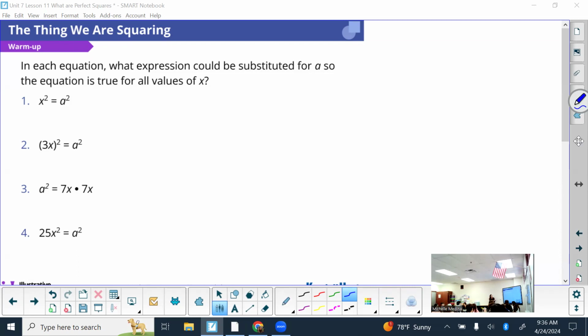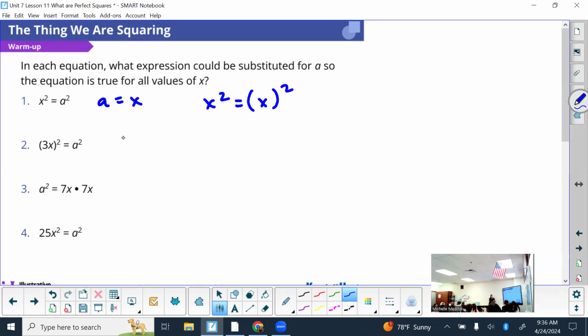So we mentioned that the answer for number 1 is that A has to be X. Because now when I plug it in, that's what substituting means, when you plug in that number, substitute it in, I now get something that is true. X squared is equivalent to X squared. And that's all we're really looking for.